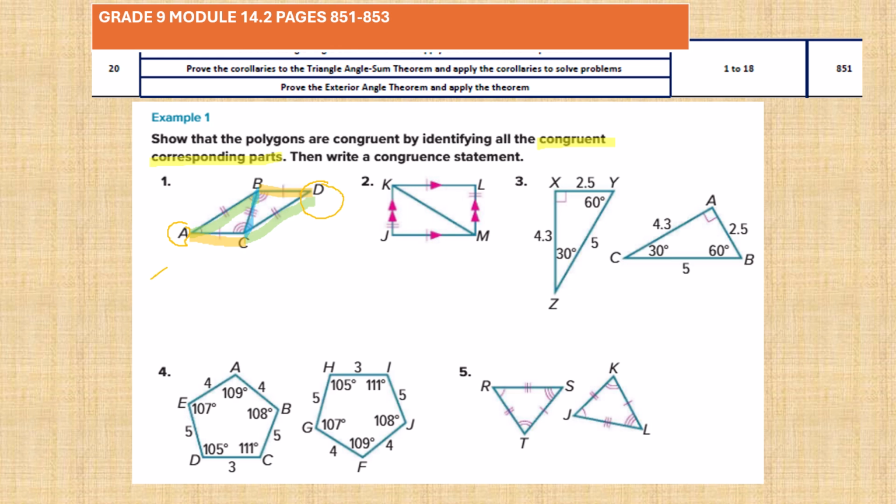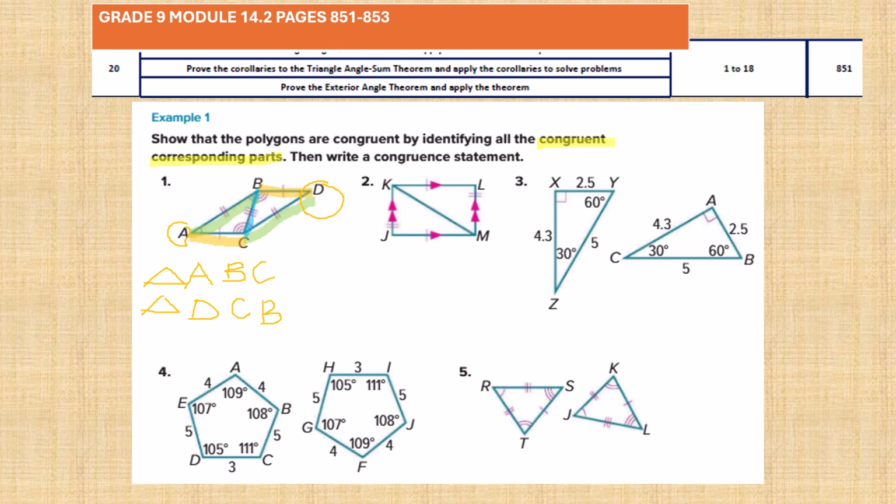So if you start with A in the first triangle, that's A. In your second triangle, you will have to start with the matching angle, and because it has one marking, it will be angle D. Then we're coming from D to C. Here we go from A to B. And the third one is from B to C, and in the second diagram, it is from C to B. So therefore, triangle ABC is congruent.